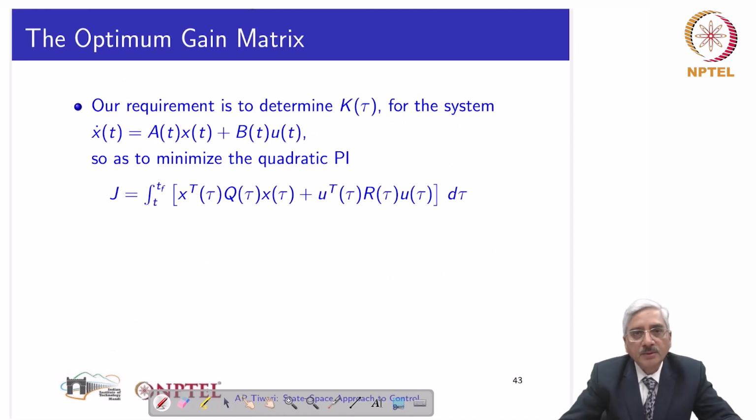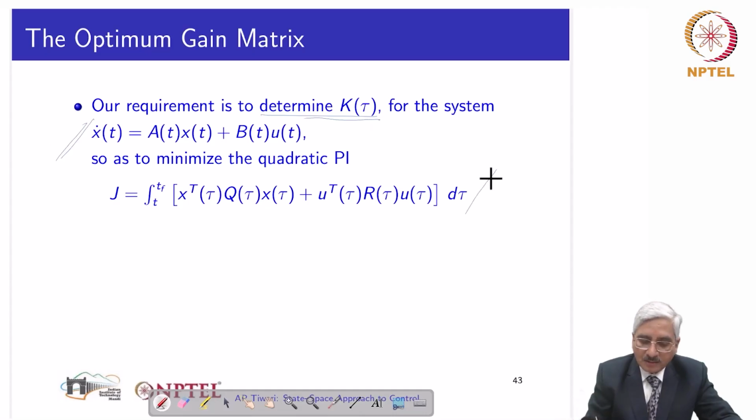Now we come to using that solution to determine the gain matrix. The derivation will be given in the next part of the lecture. However, we state the problem along with the solution that we require to determine the K for this time varying system, and that K is to be determined so that this performance integral is minimized.